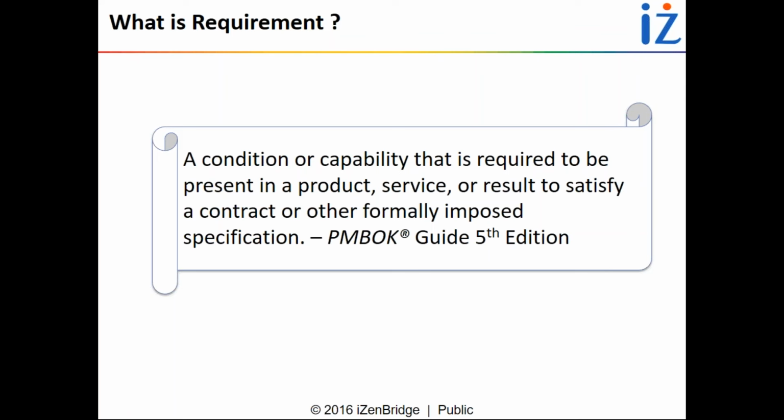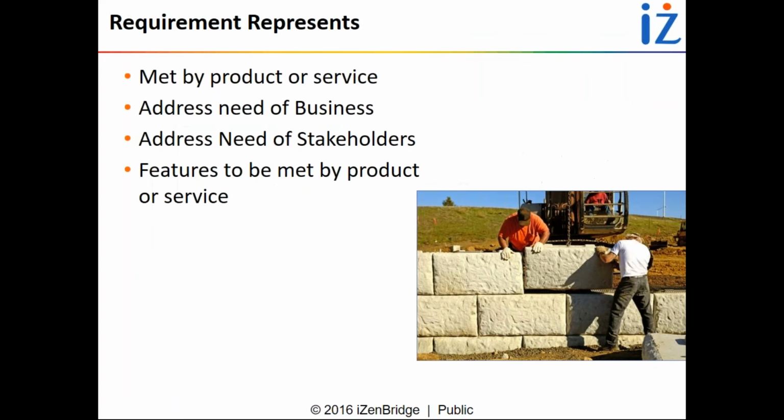The requirements are represented by many parameters. So what do requirements represent? They represent the features to be met by a product or service. They also address the needs of the business. For example, there is a business need to increase the sale by 40%, and for that, you are developing the business requirements.